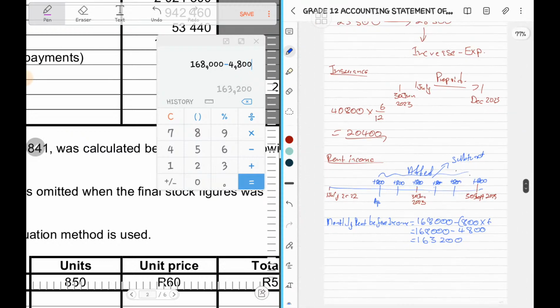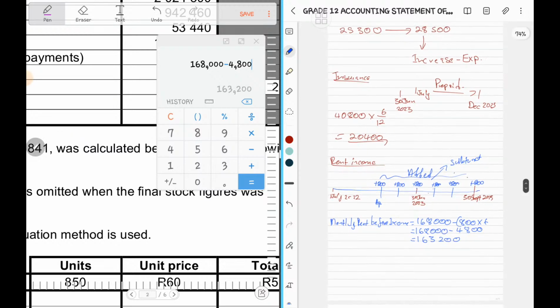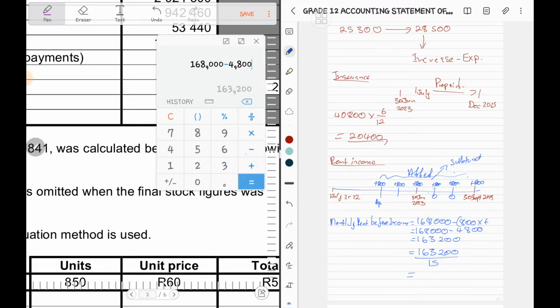Remember that the rent was received for 15 months, because our year has 12 months. Then the income that we received in advance is for July, August and September. That makes it 15 months. So to find the monthly rent, we're going to take the 163,200 and divide it by 15 months. That'll give us how much? Divide by 15. That means that the monthly rent income before the increase was 10,880.